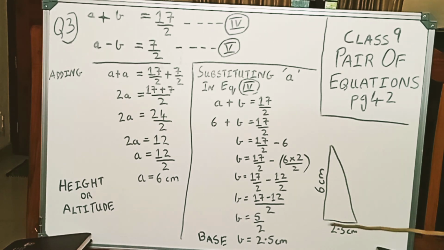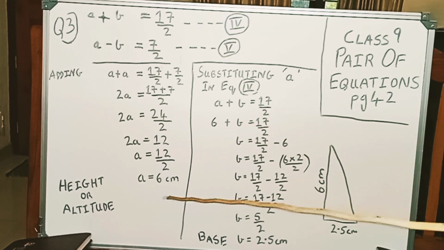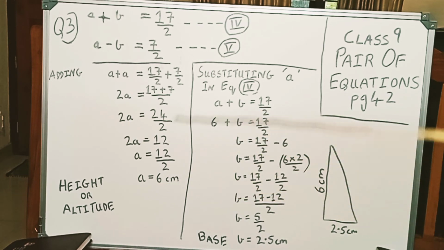Now you need to check out the base. For finding out what b is, you need to substitute the value of a in any of the equations. I have selected equation number 4: a plus b is equal to 17 by 2. Here I substitute the value of a. 6 plus b is equal to 17 divided by 2.